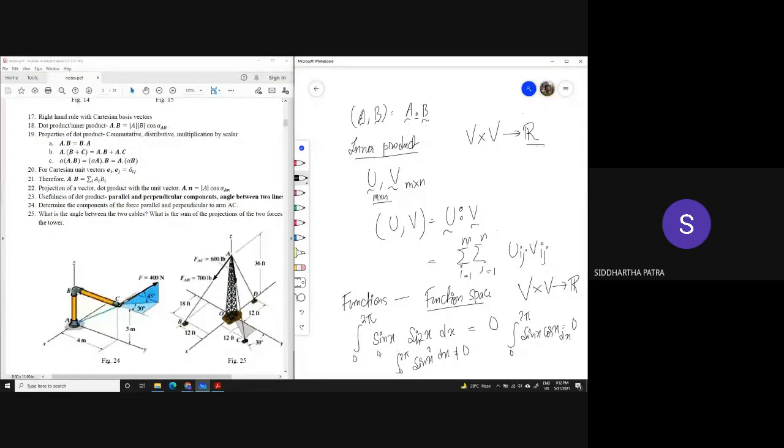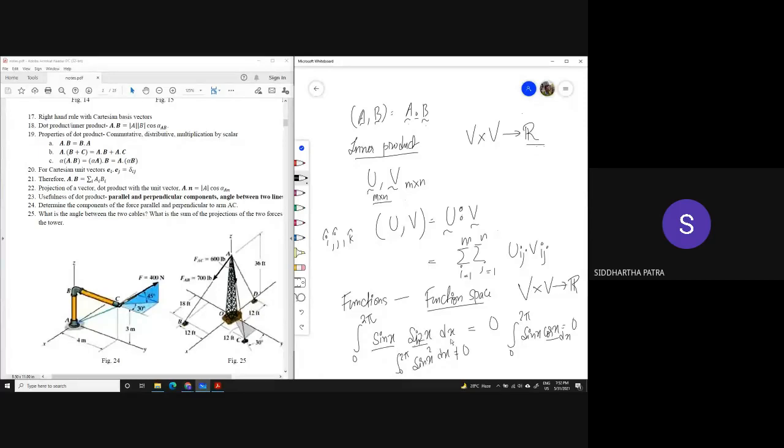You can think of all of these functions, sine of x, sine of 2x, cos of x, as basis functions, just like you had basis vectors in the Cartesian vector space. Similarly, you can think of these as orthogonal basis functions.